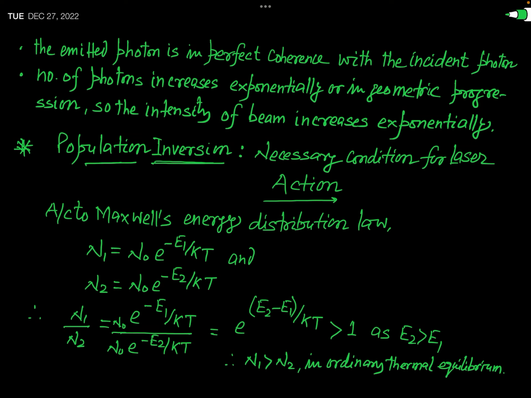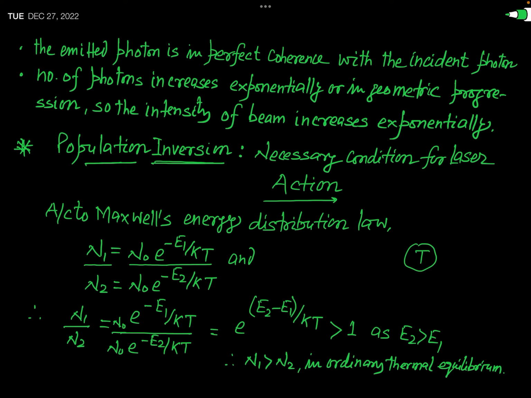In fact, if our atomic system is in thermal equilibrium at a particular temperature, let us say T, the atoms distributed in the different energy levels obey the Maxwellian distribution law of energy. So the number of atoms present in the energy level E1 is N1 equal to N0 e to the power minus E1 divided by KT, where K is the Boltzmann constant.